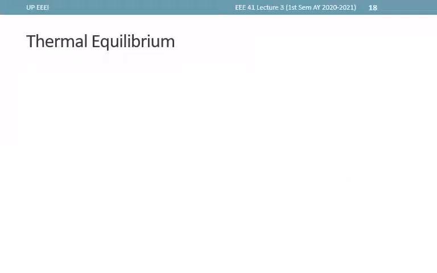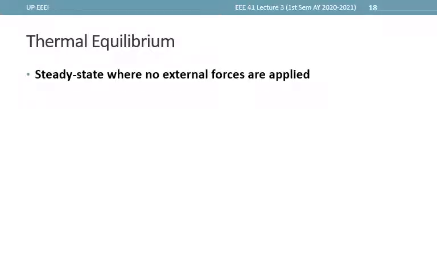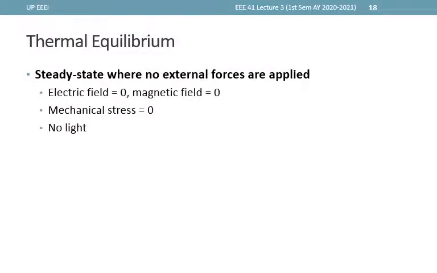So what do we mean when we say equilibrium or thermal equilibrium? It is a steady state where no external forces are applied. So there is no electric field applied to the material. There is no magnetic field. There is no mechanical stress.